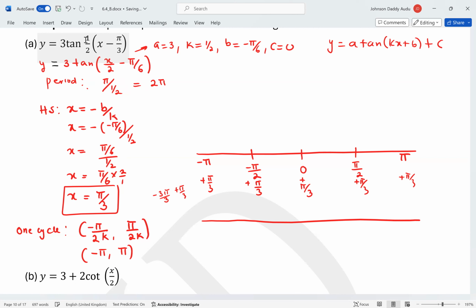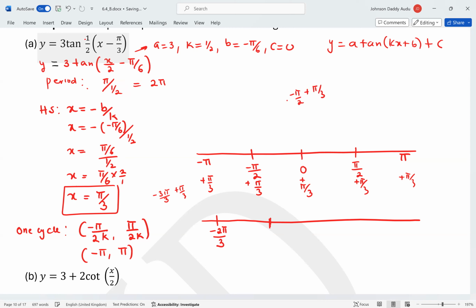And this will give us minus 2 pi over 3. Then for this one, this is minus pi over 2 plus pi over 3.